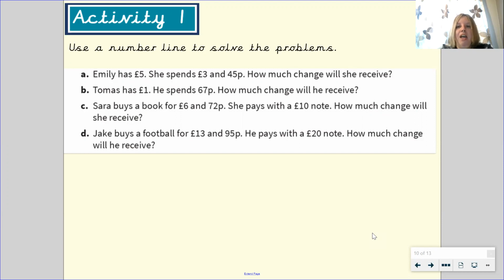I'm going to read the first one to you. Emily has £5. She spends £3 and 45p. How much change will she receive? So remember to think about which numbers would come first on your number line.